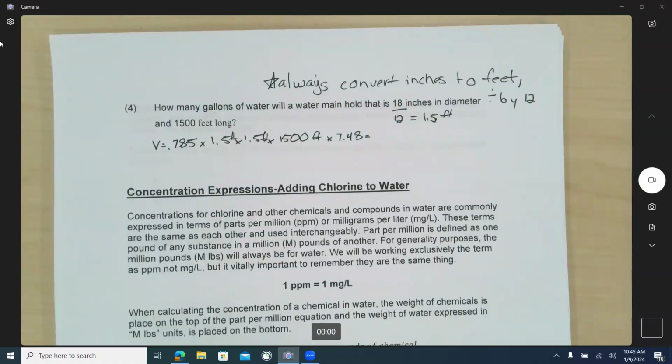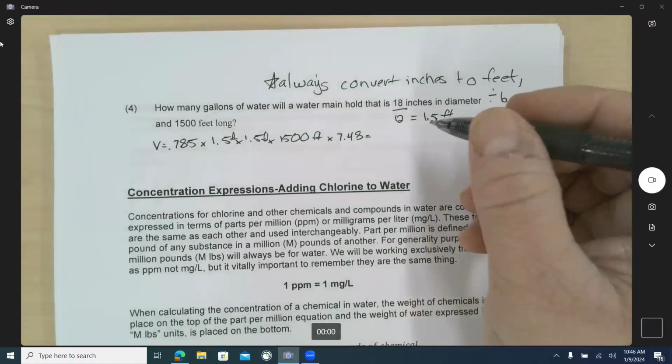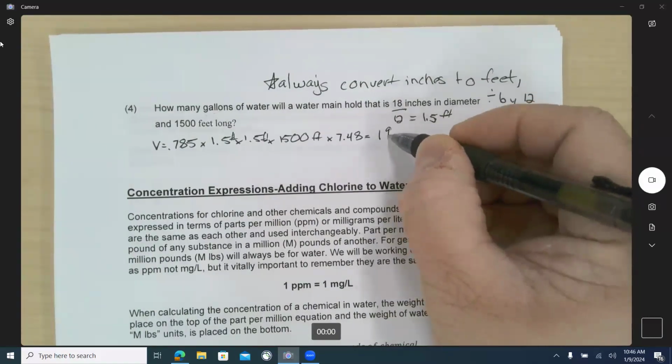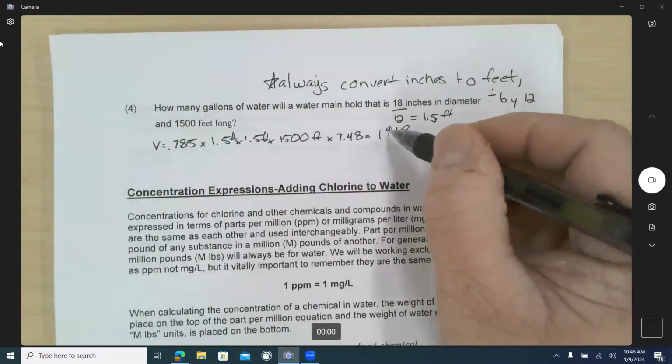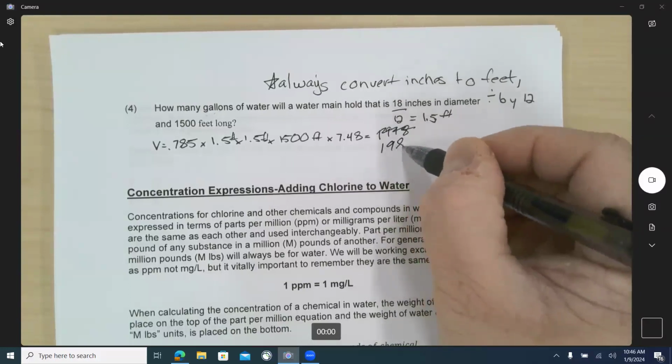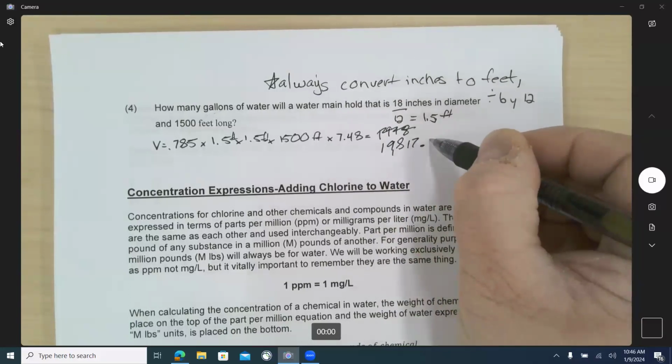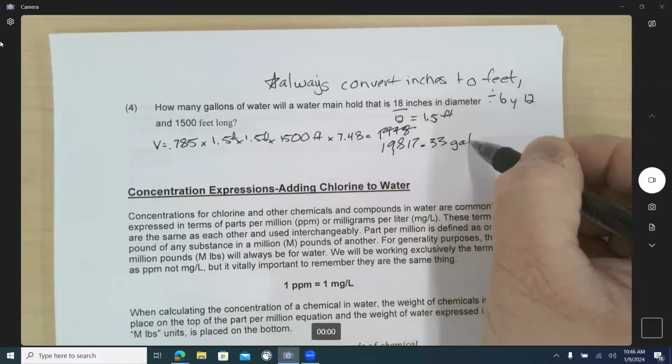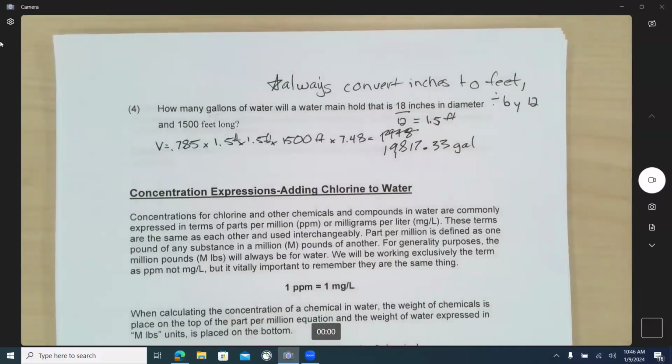So go ahead and take a second to do that. 19,817.33 gallons.